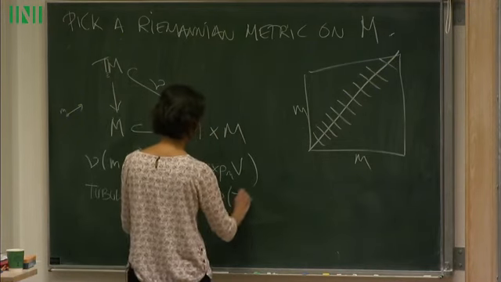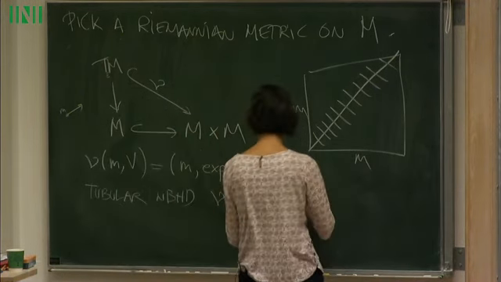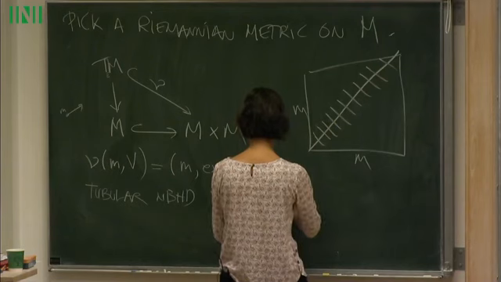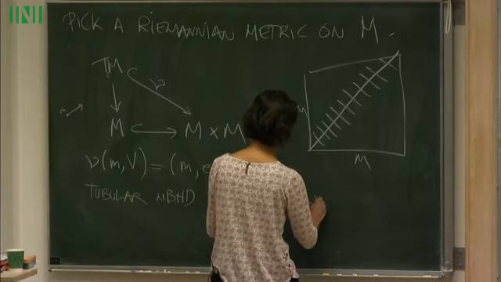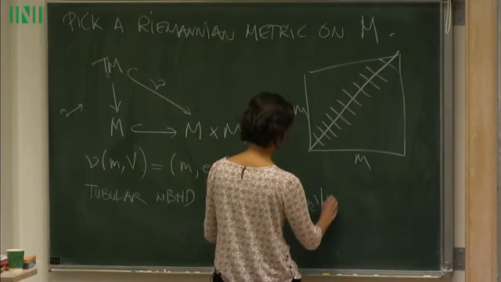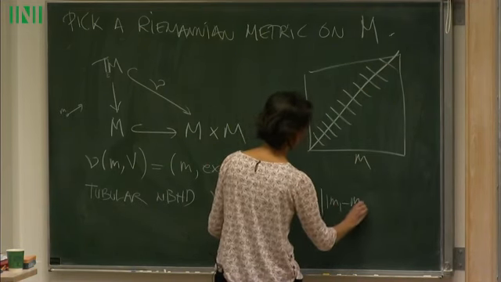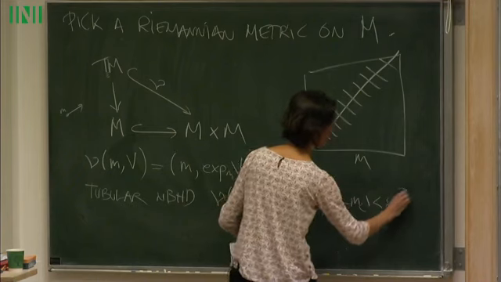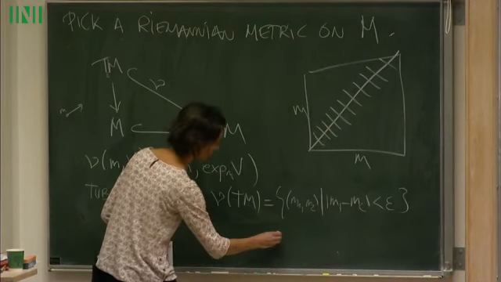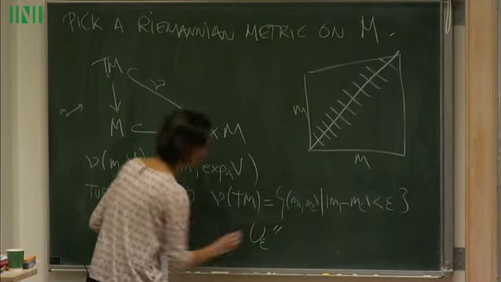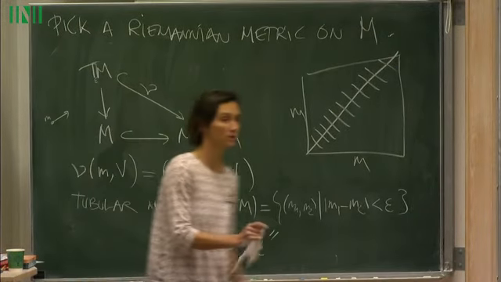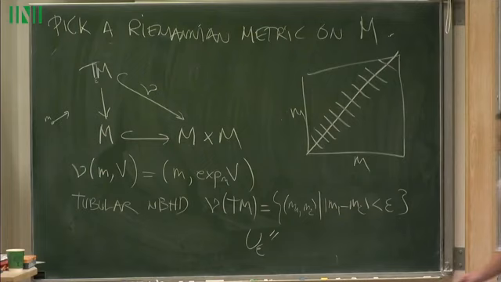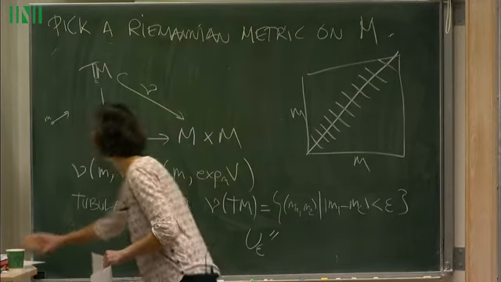Nu of the image of this tangent bundle is the set of M1, M2 such that the distance between M1 and M2 is at most epsilon, and I'll just call this U epsilon. Okay, so this is a very explicit, simple construction that we can make.